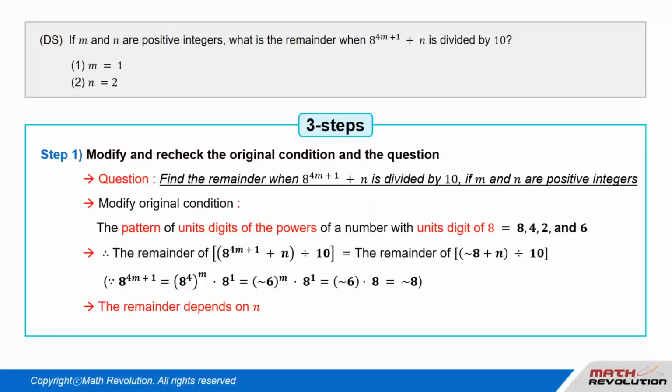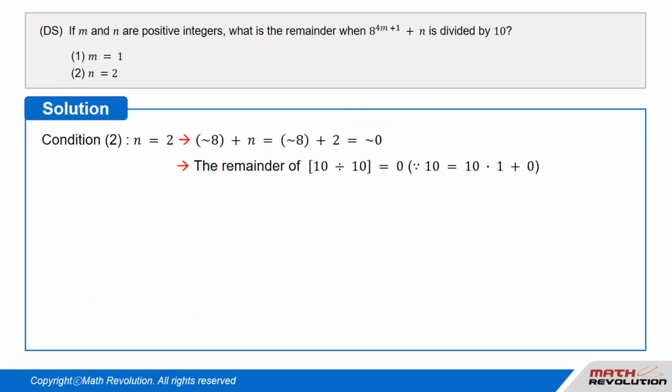Therefore, 8 to the whole power of 4m + 1, plus n, divided by 10 will leave the same remainder as 8 plus n divided by 10, because 8 to the whole power of 4m + 1 equals 8 to the power of 4, whole power of m, times 8 to the power of 1, equals 6 to the power of m times 8 to the power of 1, equals 6 times 8, equals 8. The remainder would, therefore, depend on the value of n.